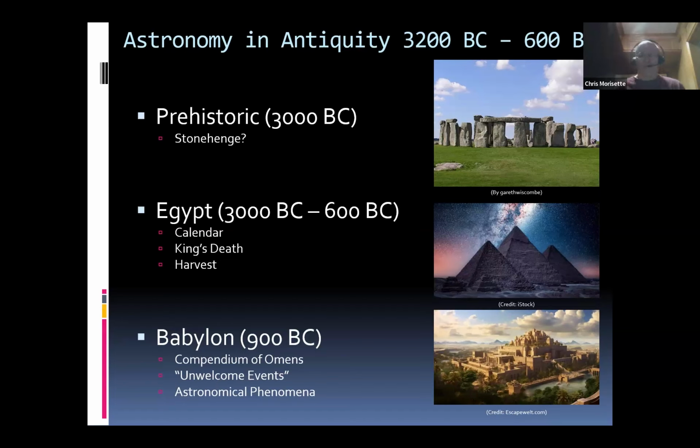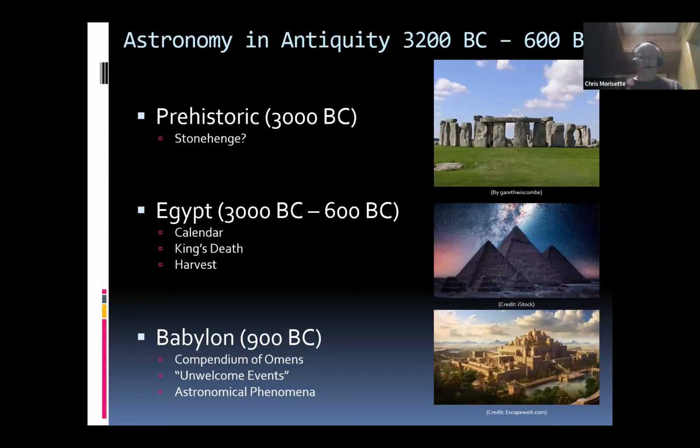Kind of the classic example of correlation without causation, but it does represent a use of astronomy, in this case for what I would term mystical purposes, predicting the future, things like that. And again, these weren't things to be taken lightly.